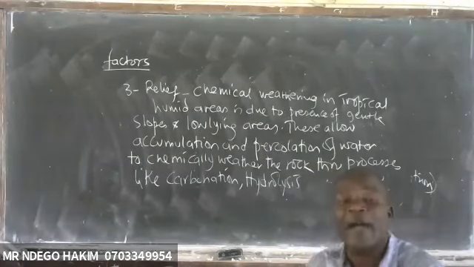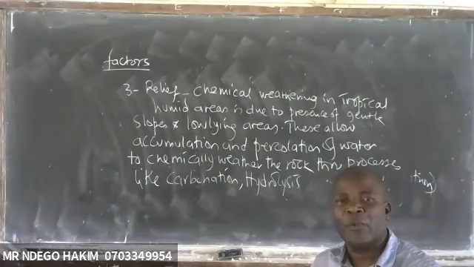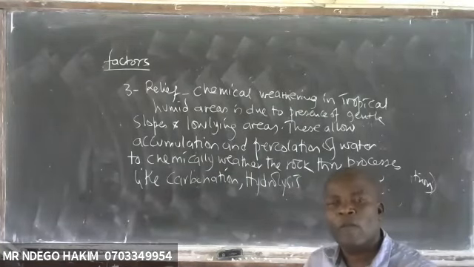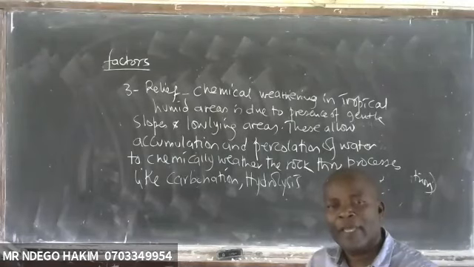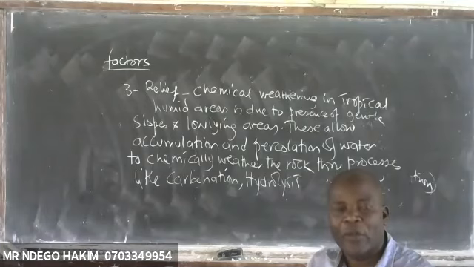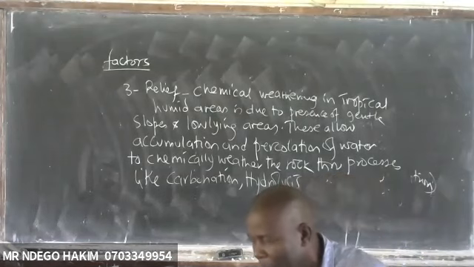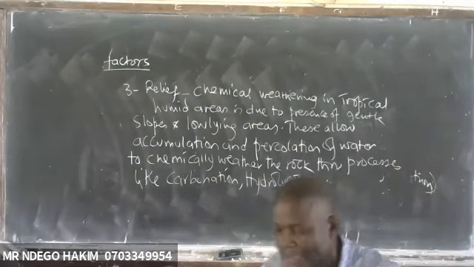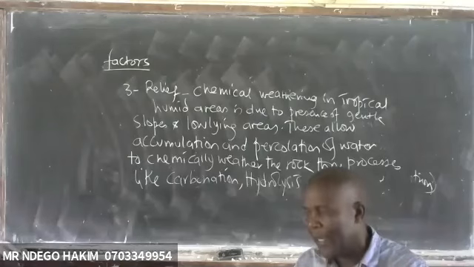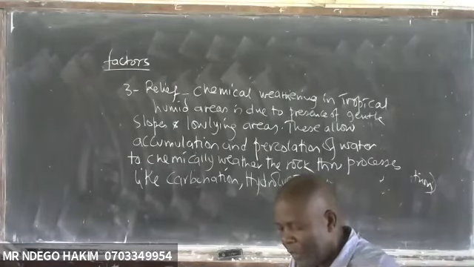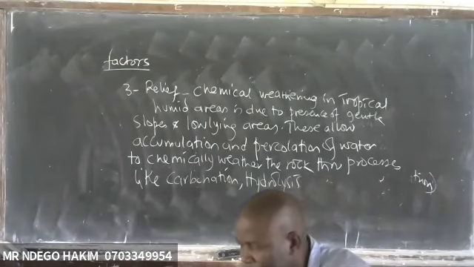Then we can even add that in tropical humid areas, the steep slopes allow excessive runoff, exposing the parent rock to agents of chemical weathering, water. So when the parent rock is exposed, water can penetrate and chemically weather the rock. That is relief as the third factor.